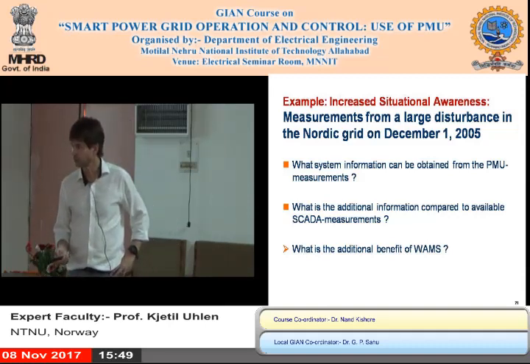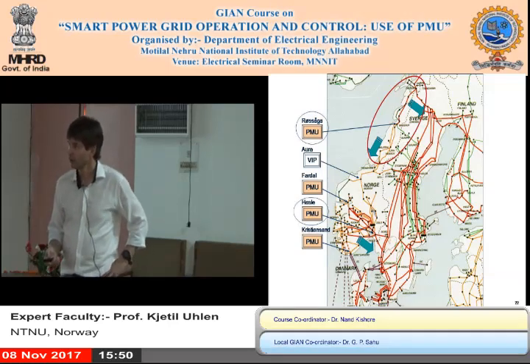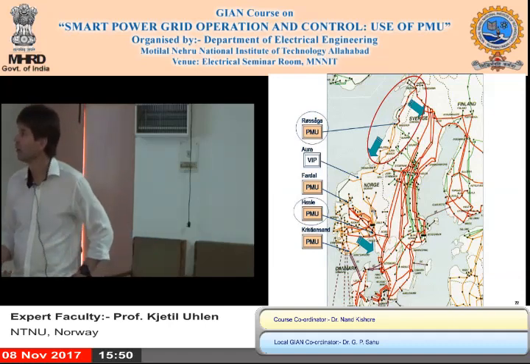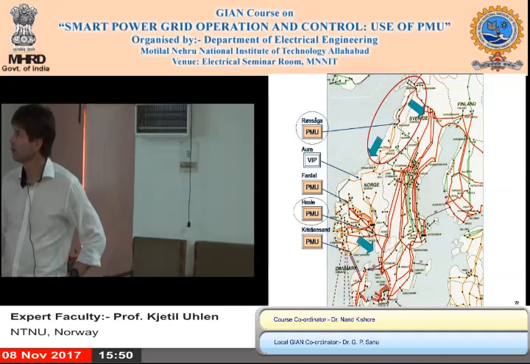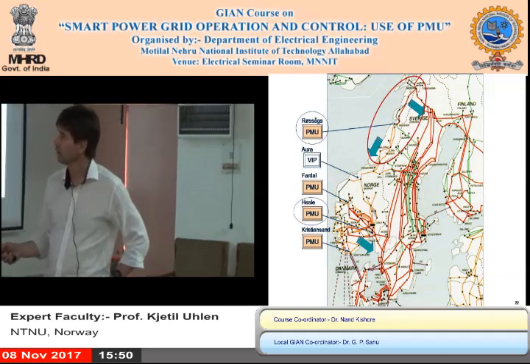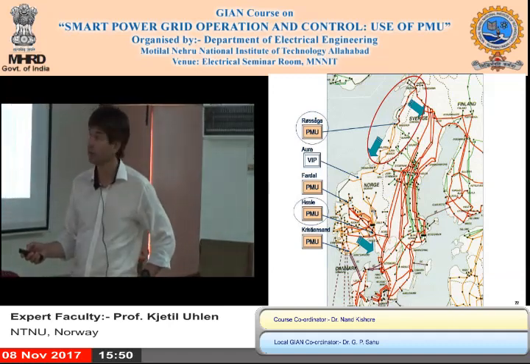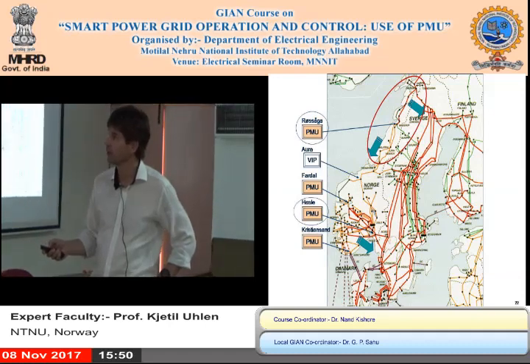What happened in this case, if I remember correctly, was that there was a fault up in northern Sweden, and in this area there are quite a lot of hydropower plants, but there are not many people living there, so there's a surplus of power, and normally that is exported towards the south. This is where I live, by the way, Trondheim, or to Sweden.